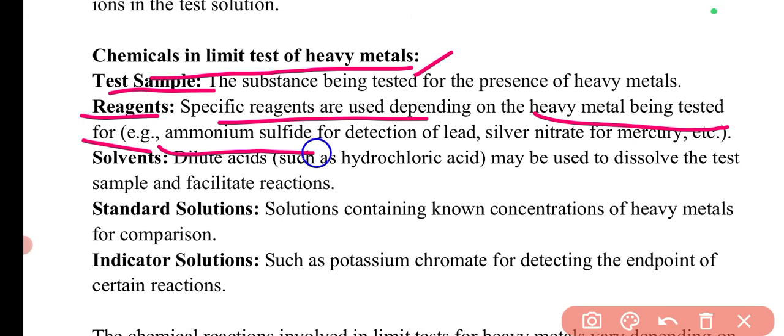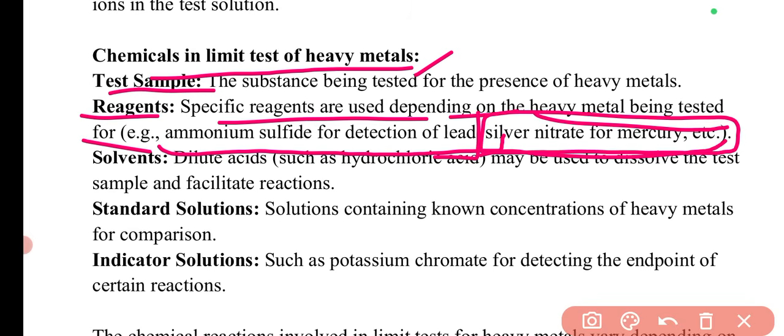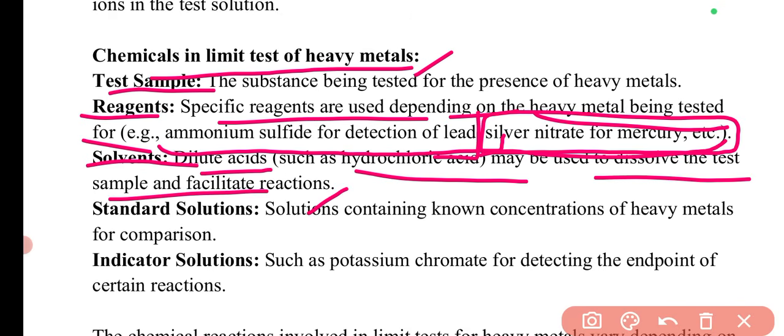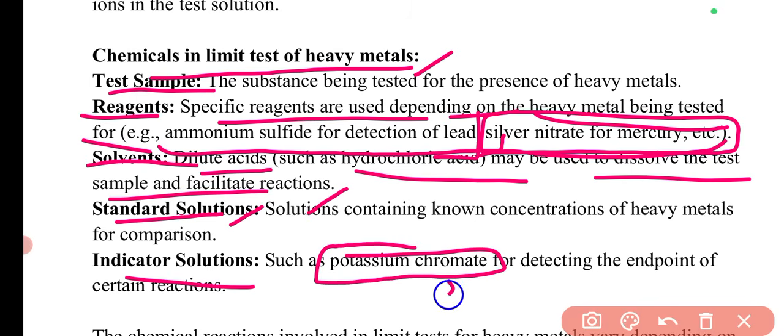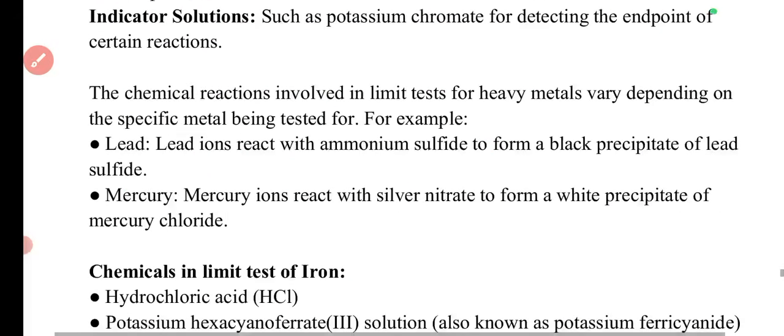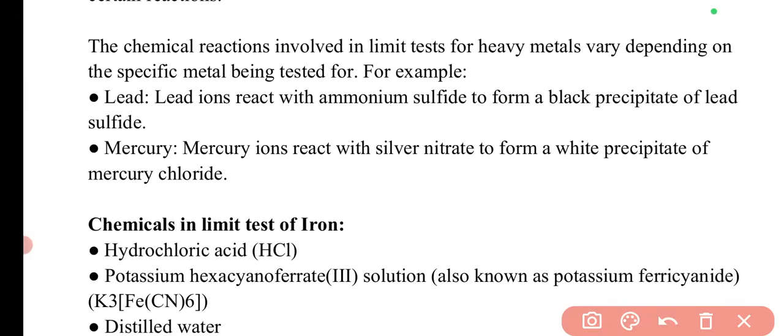For example, ammonium sulfide for the detection of lead, and silver nitrate for mercury, etc. Then there will be solvents, that is dilute acids such as hydrochloric acid, which will be used to dissolve the test sample and facilitate reactions. There are standard solutions and indicator solutions. For indicator solution, we use potassium chromate, which is used for detecting the end point in certain reactions.